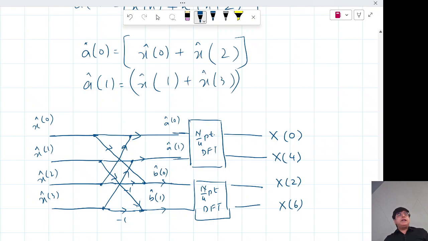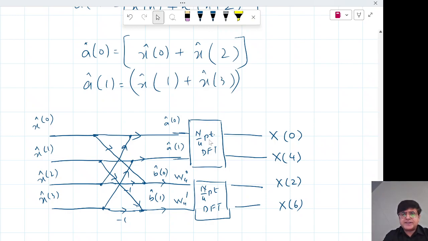But I would need to multiply them with w subscript N to the power n as well. That means w subscript 4 to the power 0 and w subscript 4 to the power 1. Clear? Questions till this point? Okay.